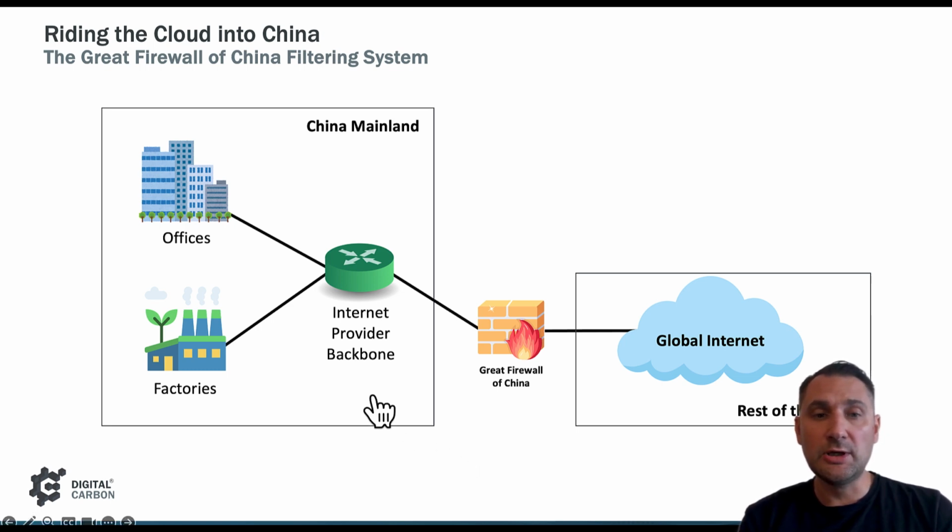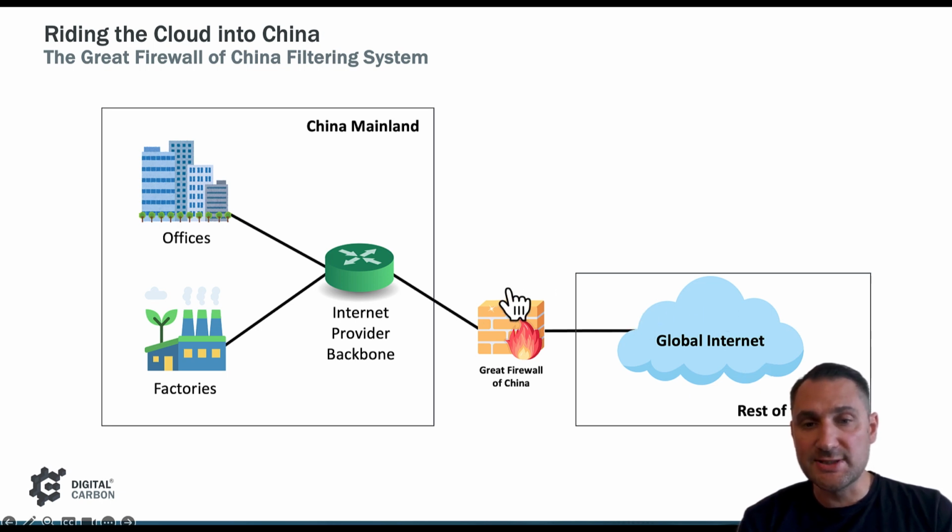So if we have our locations in China, these can be factories, these can be offices. Usually we have them connected to a telco provider or an internet service provider, where all international traffic is then actually sent through the Great Firewall of China onto the global internet.